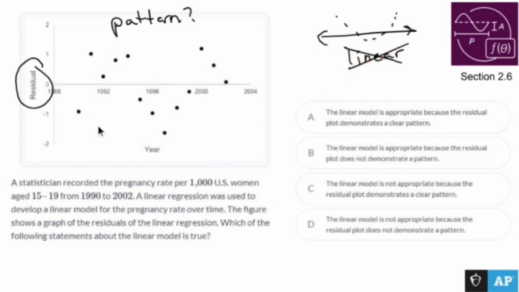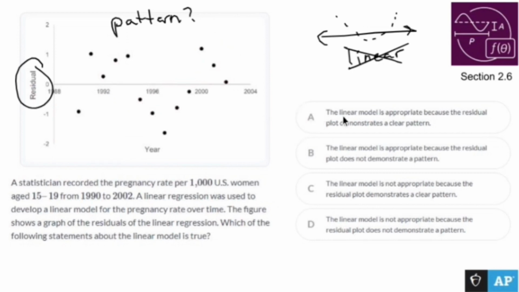But I don't see a pattern. I have a dot down here, 4 dots up here, 5 dots down there, 3 dots up here. I don't have anything quadratic, and it doesn't look cubic or anything like that. I don't have any pattern. So since I don't have a clear pattern, linear is appropriate.